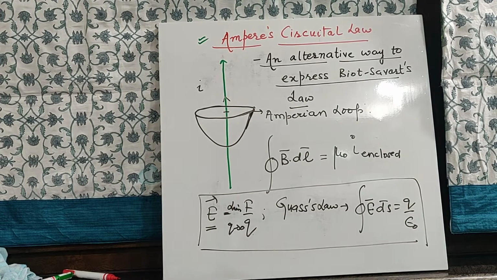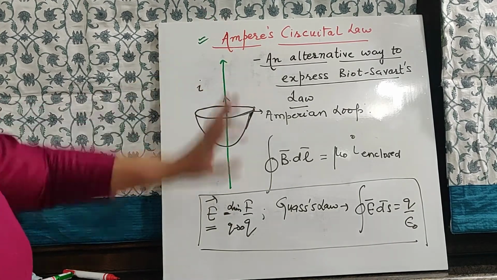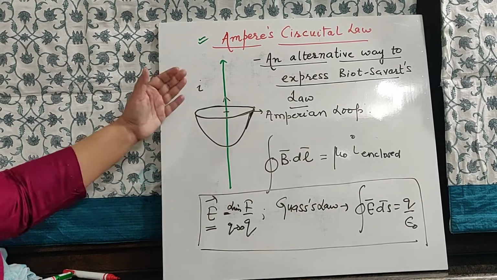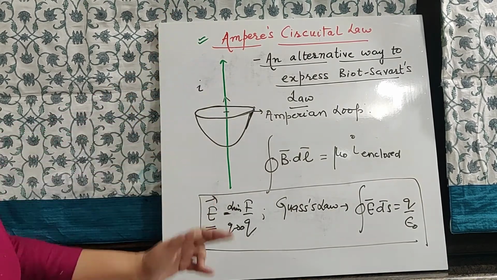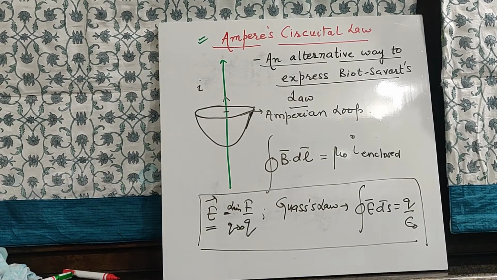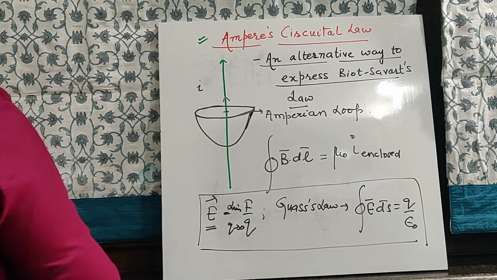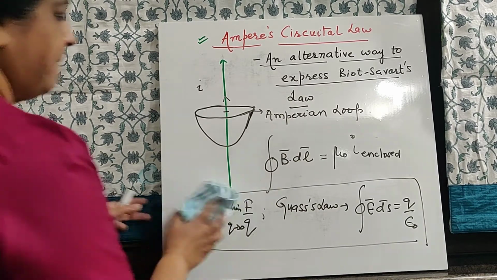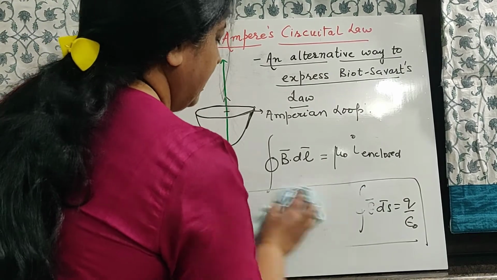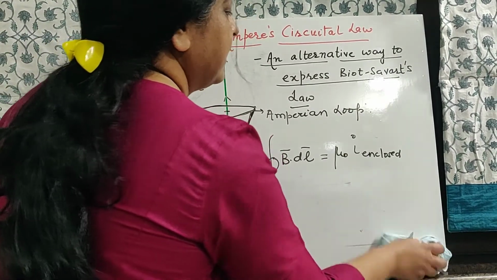Now we will be using this Ampere's circuital law and find out the magnetic field due to this straight current carrying conductor. You will see how this makes the process simpler.